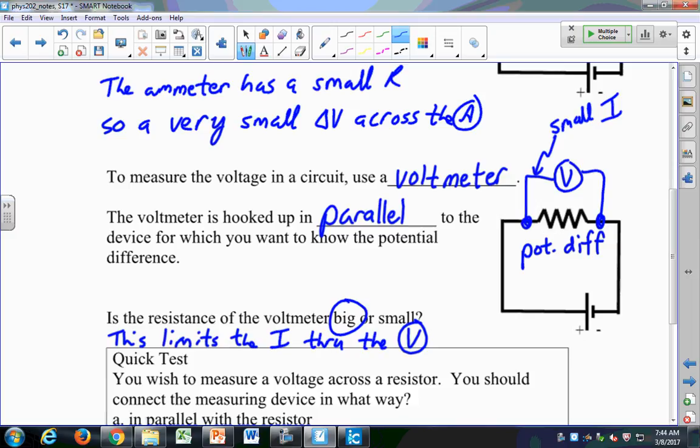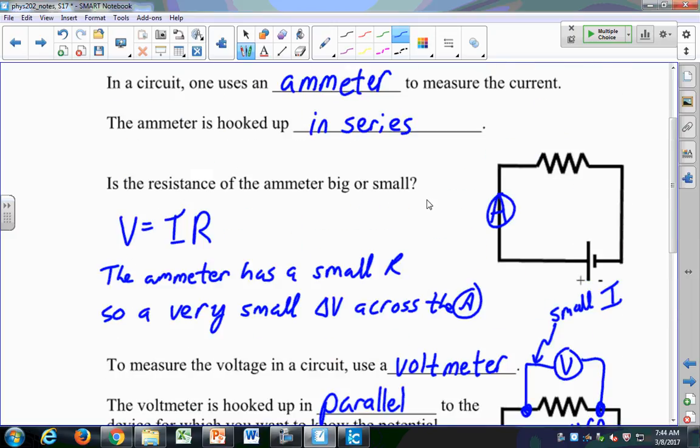In a similar way, with the ammeter, the voltage here is really small because it has a very small resistance. But the current here, it could be small or it could be big. It's going to be exactly the same current as what we have going through this. We'll see that with resistors in series, that they have the same current flowing through them.